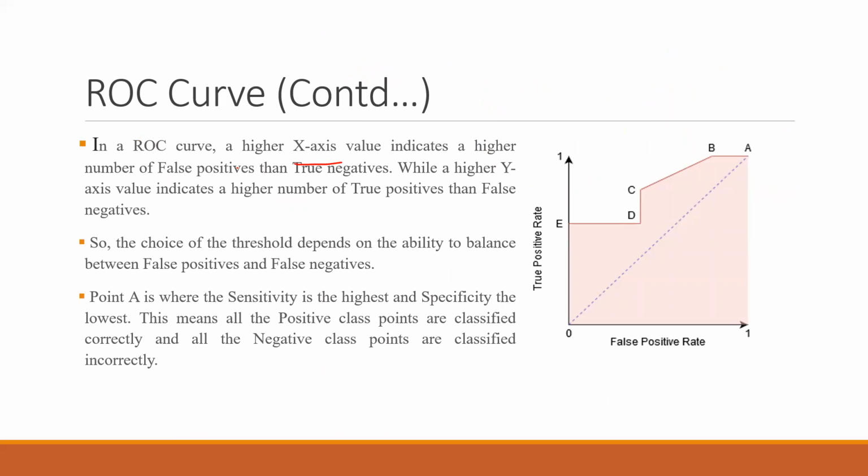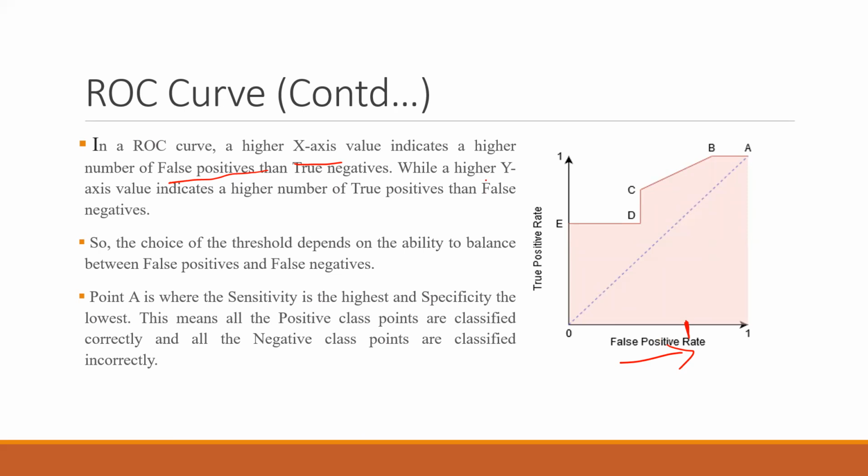So generally it is being told that in a ROC curve, a higher x-axis value indicates a higher number of false positives than the true negatives. Okay, so if you have a higher value on the x-axis, let's say that you are at this point, it means that you have a higher number of false positives, because obviously you are on the higher scale of the false positive than the true negatives.